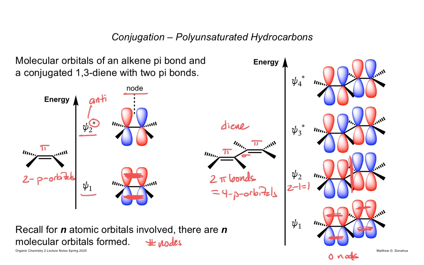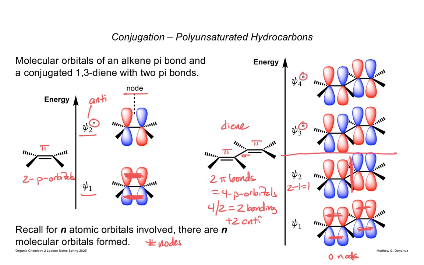And since we're dealing with even numbers, so 4 p orbitals, 4 molecular orbitals, we're always going to take the total and divide by 2. In this case, that means there's 2 bonding plus 2 anti-bonding to get us the 4 total molecular orbitals. So at this point, notice the little change with this asterisk.